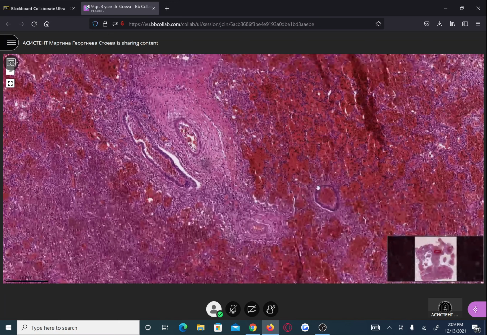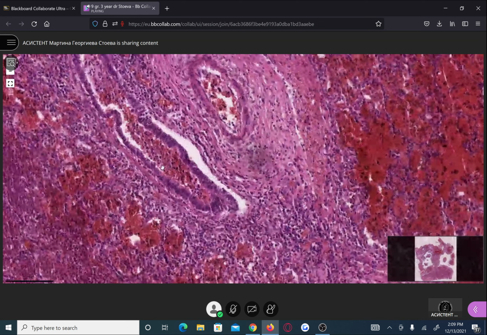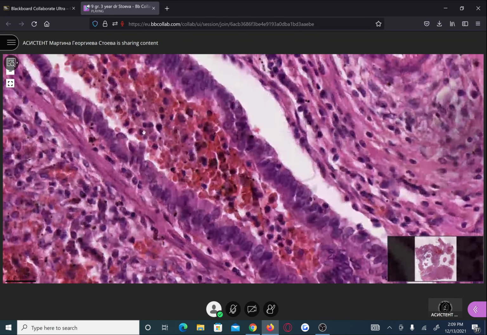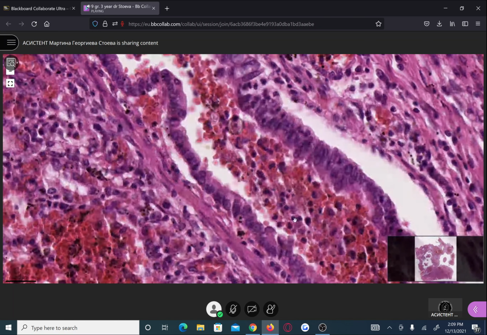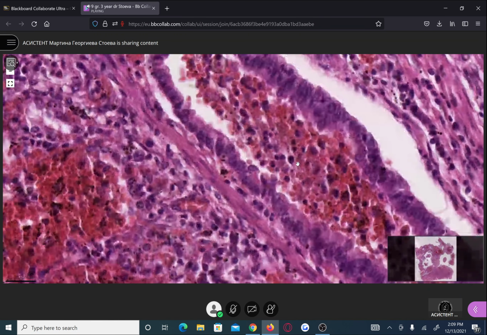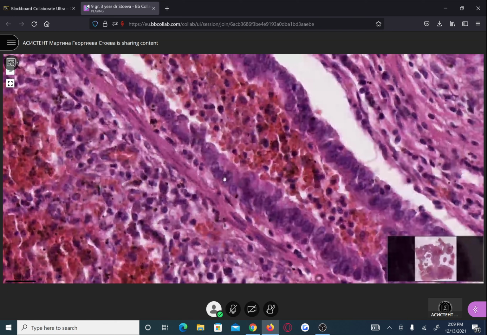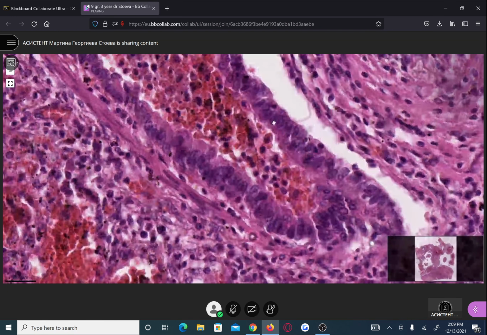These are bronchioles, because when we zoom in, we can see that these lumina, which are also filled with erythrocytes and inflammatory cells, are at the same time lined by pseudostratified columnar ciliated epithelium.